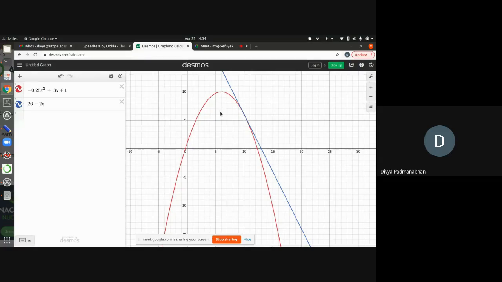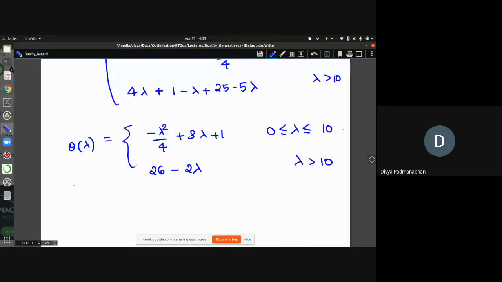It turns out that the maximum belongs to this red part, and it is attained at lambda equal to 6. So if you maximize theta of lambda such that lambda is greater than or equal to 0, you get lambda equal to 6.